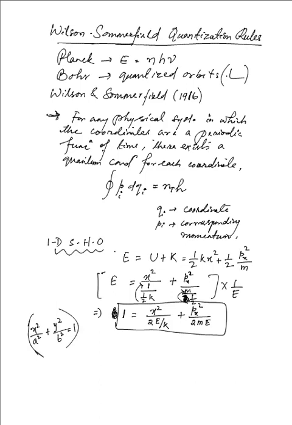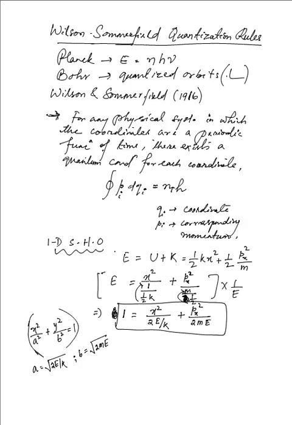This is exactly the same, where a squared is 2E by k. That means a, the major axis, is the square root of 2E by k, and b is the square root of 2mE, because b squared is equal to that.